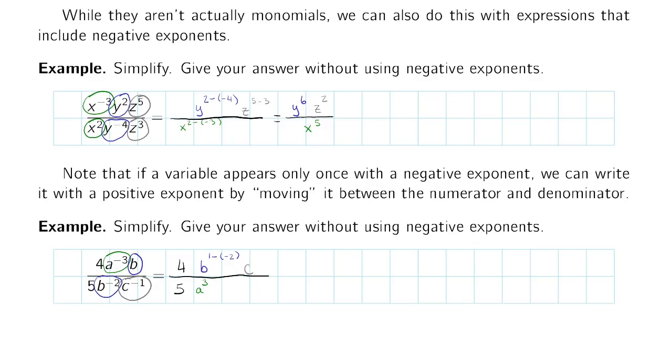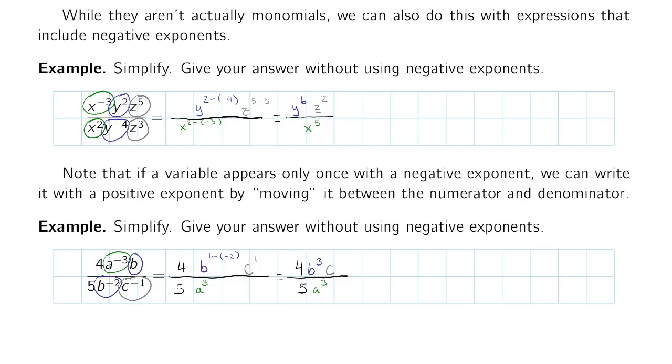That'll become c to the power positive 1 in the numerator. Okay, what does that leave me with? For my numerator, I'll have 4 times b to the power 1 minus negative 2 is positive 3. And then c to the power 1, I'll just write c. For my denominator, I have 5 times a to the 3rd.